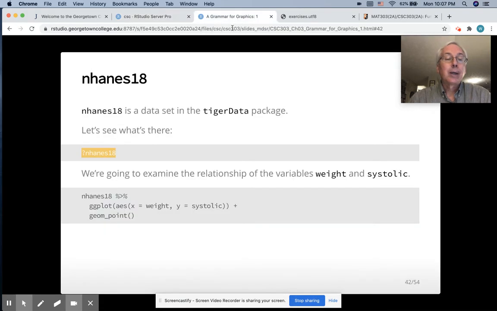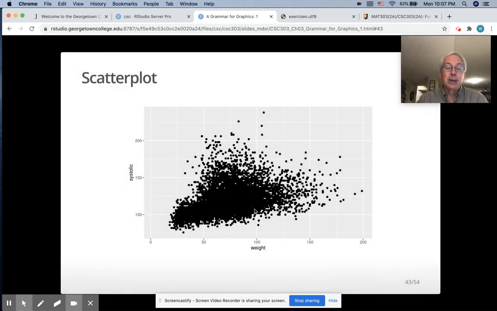So let's look at the variables weight and systolic. We might think that weight has an impact on blood pressure. And so we're going to set up our aesthetic to be weight on the x-axis and systolic blood pressure on the y-axis. And if we just plot the points using geom_point, we get this.